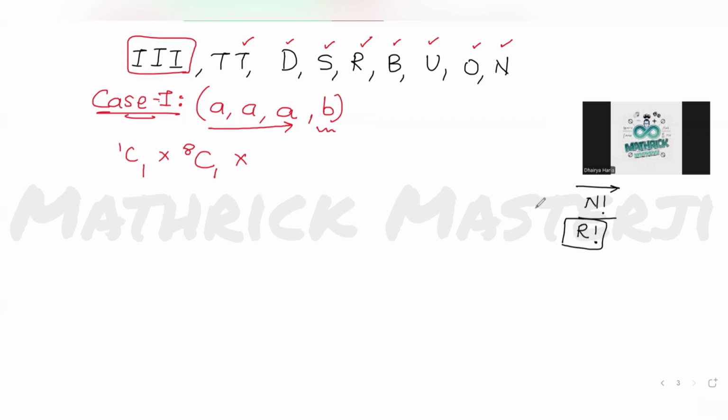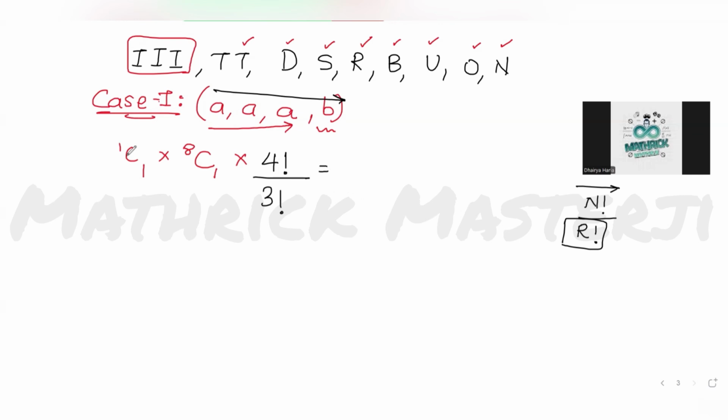Here I'm forming a 4-lettered word, so since I've chosen 4 letters, these can be arranged in 4 factorial ways. Then I'll divide by the I repeating 3 times, so the factorial of 3.